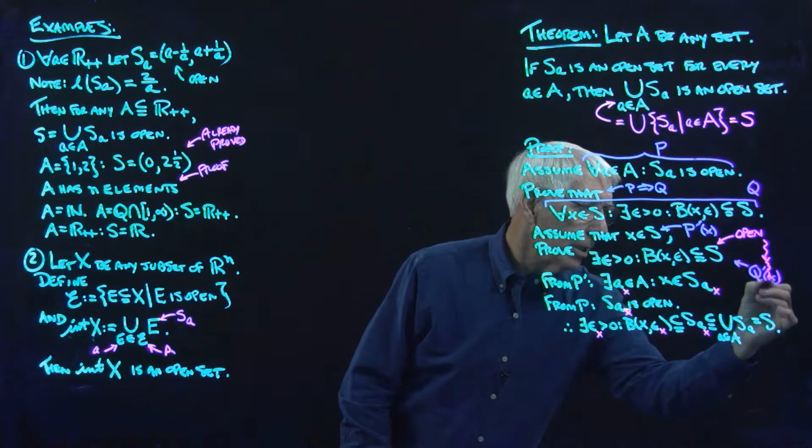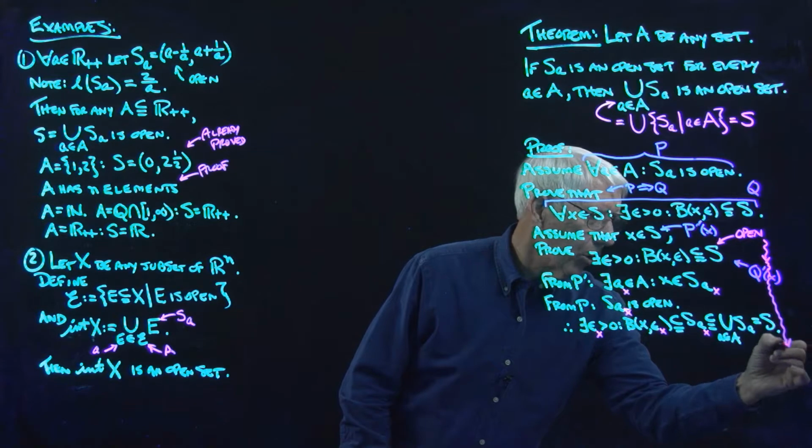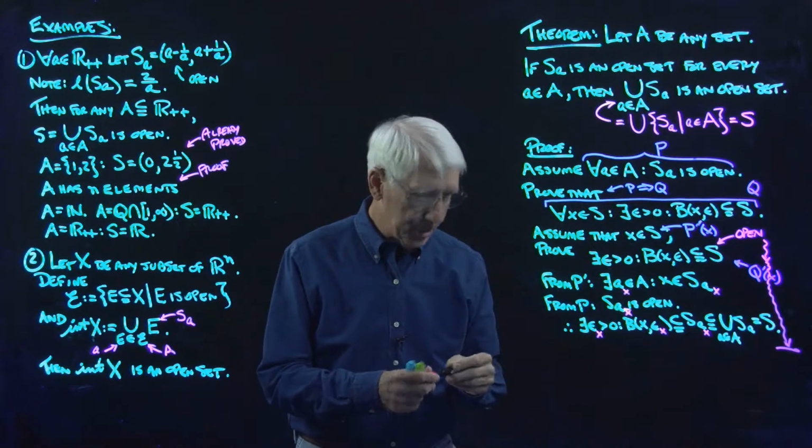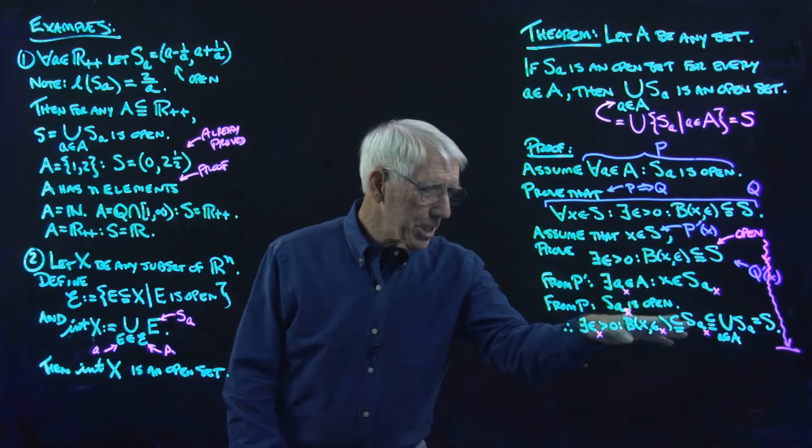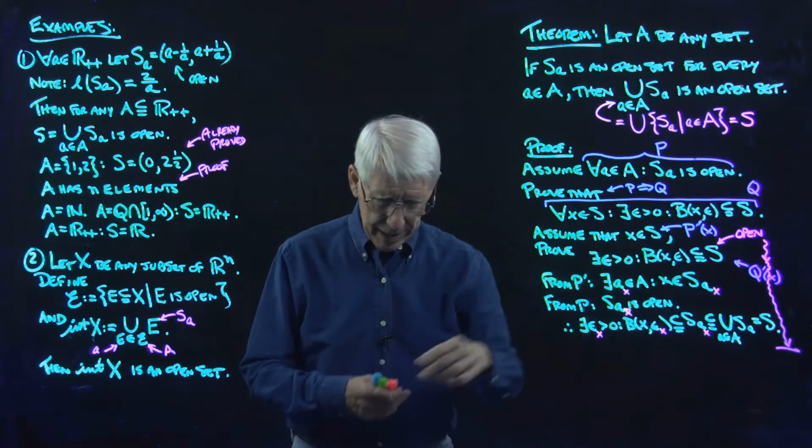I should now continue this little squiggly arrow all the way down to here, because everything down here are all open statements about the typical x that we did here.